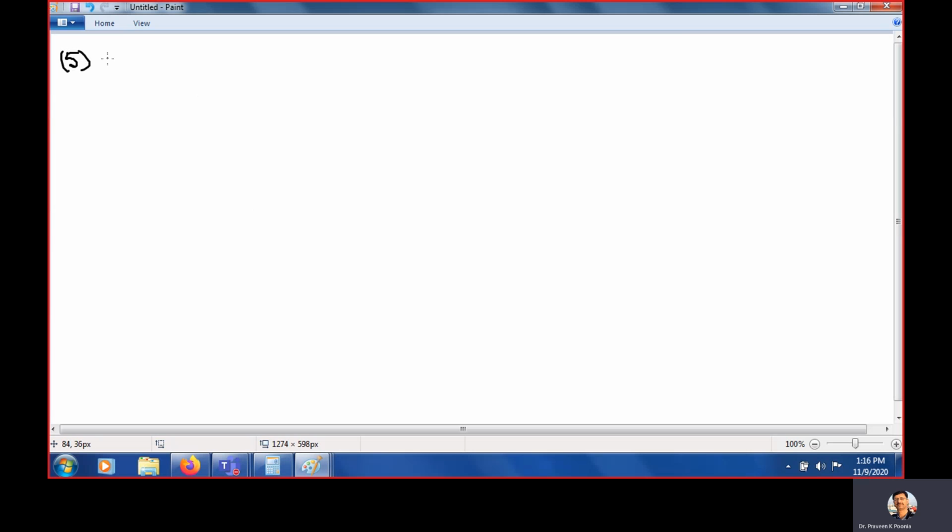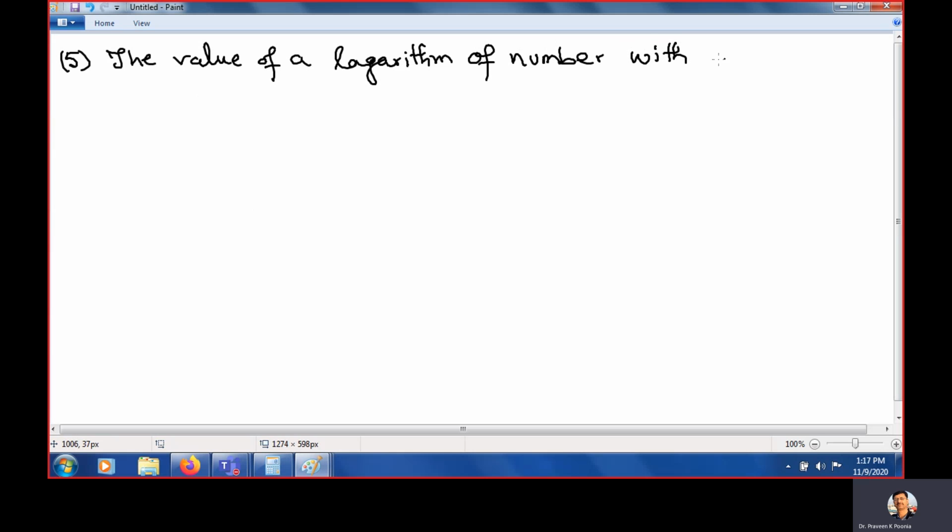Important thing: the value of a logarithm of a number with the same base as the number is always 1.